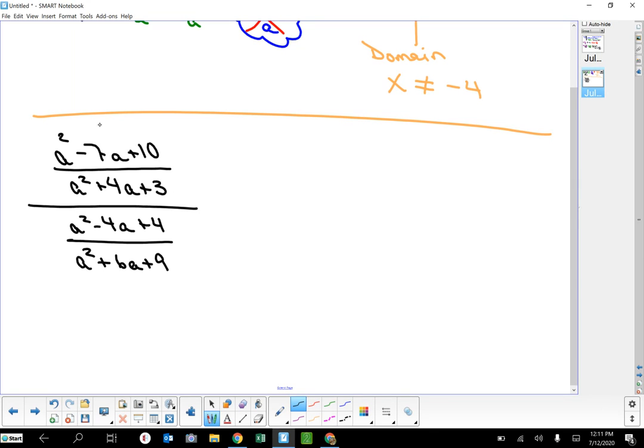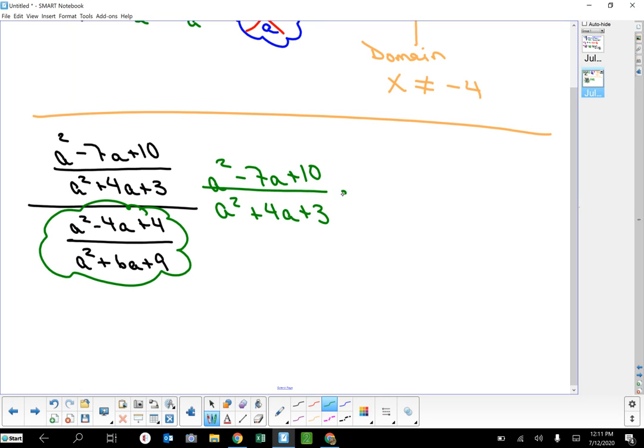You could take and rewrite this first fraction: a squared minus 7a plus 10 over a squared plus 4a plus 3. And then take this and flip it, times a squared plus 6a plus 9 over a squared minus 4a plus 4. And now factor everything and then cancel.